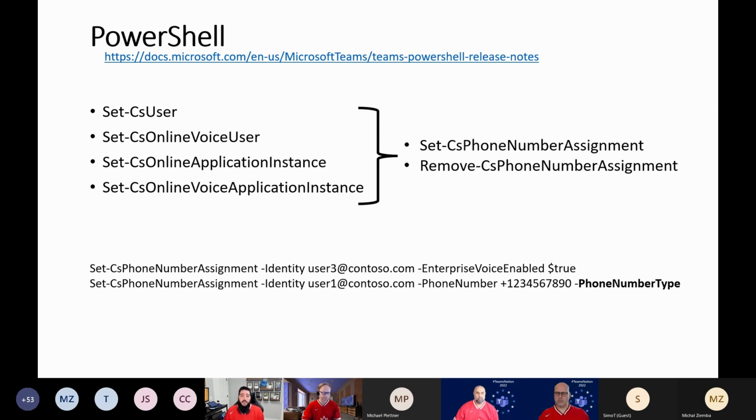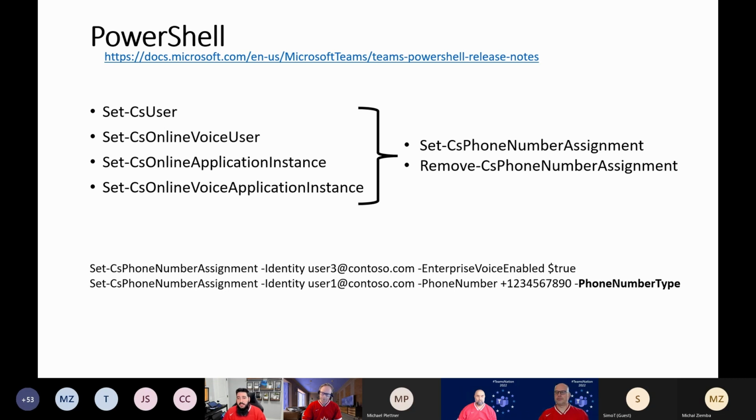But we need to go to PowerShell whenever we're making a configuration change on the voice side that is not available in the admin center, things like unassigned number ranges, custom music on hold, but also whenever we want to automate provisioning, deprovisioning, or complete actions in bulk.